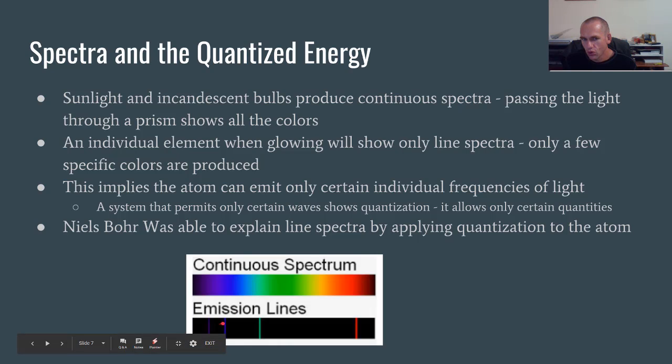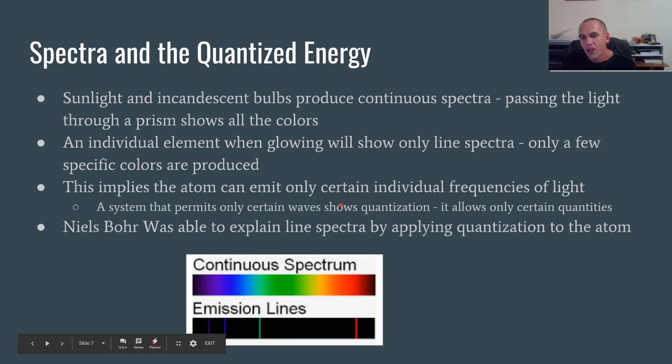You get individual lines, which means we're only getting certain energies out of the atom. And classical mechanics, physics, can't explain why that should happen. As electrons fall closer and closer to the nucleus, they should emit energy, and that energy would change the frequency of the light that came out, and we should get all of the colors, but we don't. We only get certain colors.